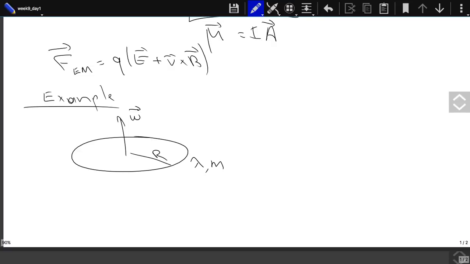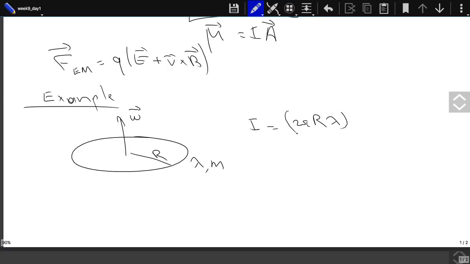Well, what is the current? Let's start with that. We define the current as the amount of charge passing through a given point per second. Well, the current is uniform, so I can just imagine one full rotation of this ring. In one full rotation, the total charge that passes through, let's say, this point would be just the total charge of the ring, which is 2 pi r times lambda.